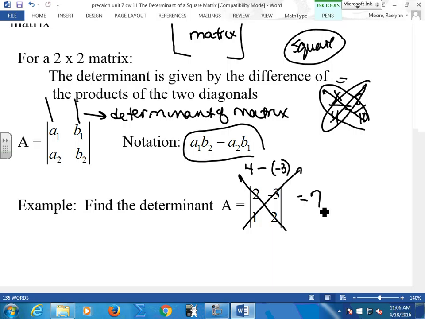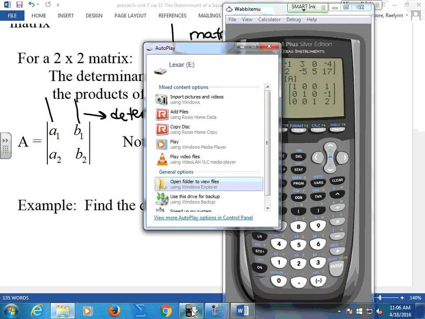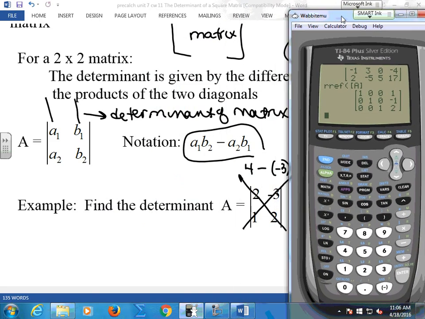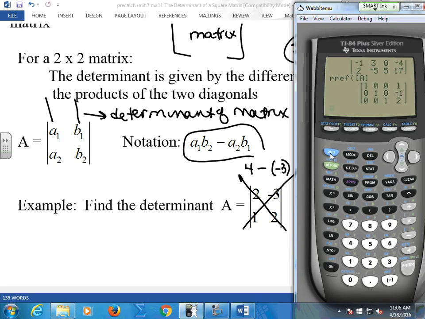If you put this in your calculator, of course, you put your matrix in. And again, it has to be a square. Okay, I'm going to quit. And now watch.